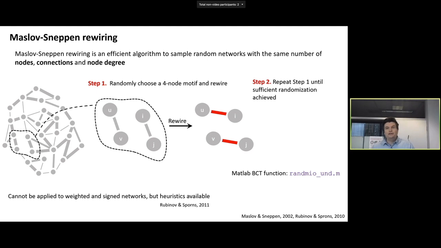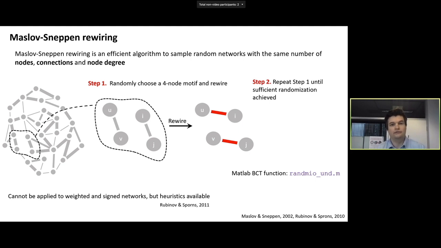So you might ask, how do we actually generate random networks? How do we sample networks that preserve the number of edges, the number of nodes, and the node degree? And we can do this very efficiently with the Maslov-Sneppen rewiring algorithm. This involves taking our connectome, and we identify 4 nodes that are connected in the pattern shown here.